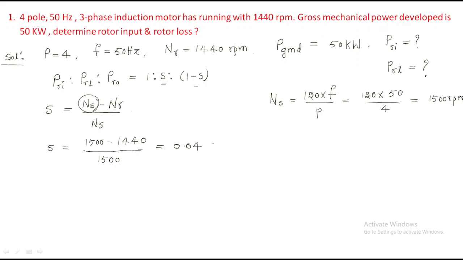Next, we have to find the relation. First you take the relation of rotor input and rotor loss, which is rotor input to rotor loss equal to 1 by S. But we don't know the rotor loss, so it is better to take the reverse: rotor input and rotor output.